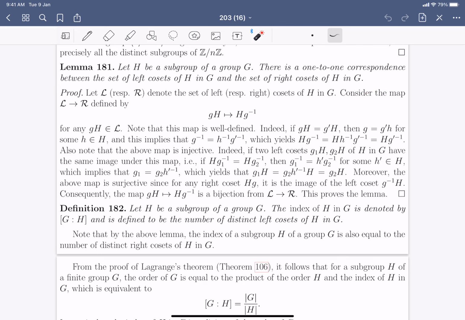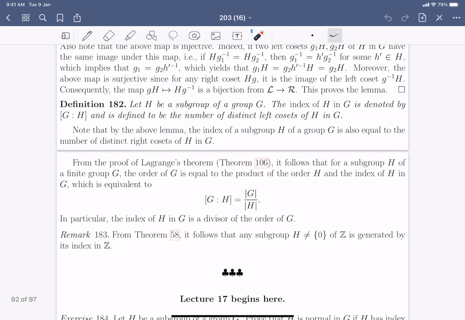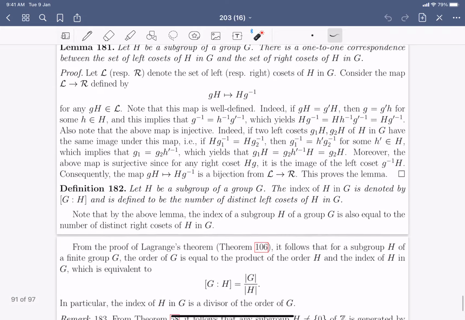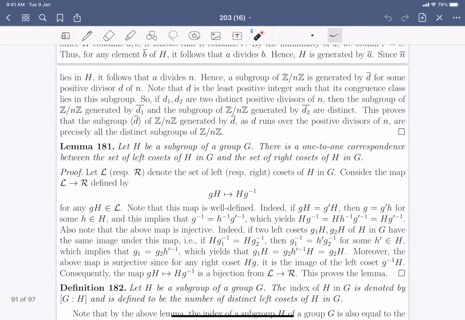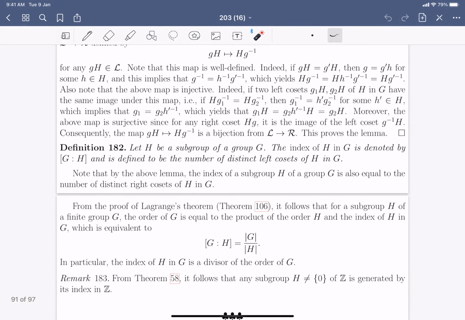We also revisited Lagrange's theorem, more specifically the proof of Lagrange's theorem, which states that if we start with a finite group G and take a subgroup H of G, and look at the index of H in G, that is, the number of distinct left cosets or the number of distinct right cosets, it doesn't really matter, because by lemma 181 the number of left cosets is equal to the number of right cosets.